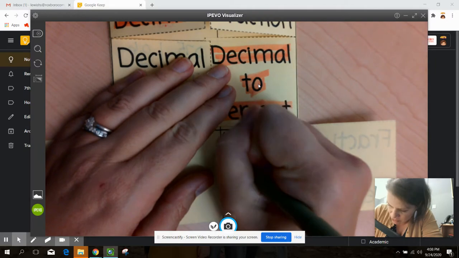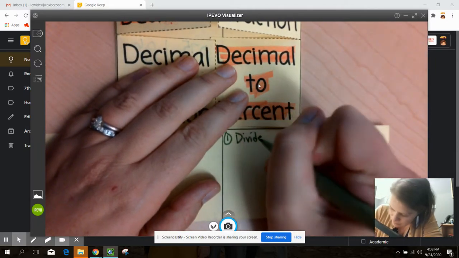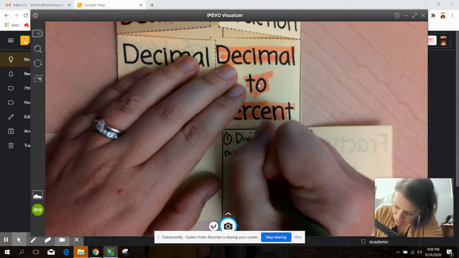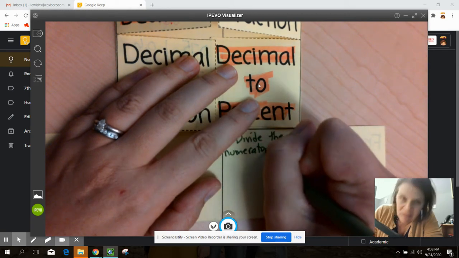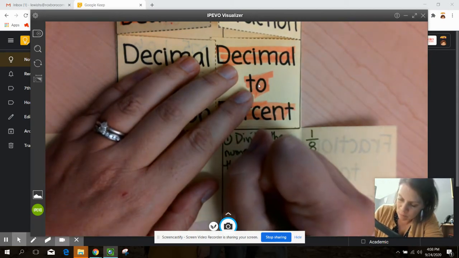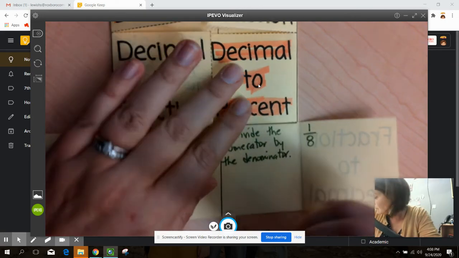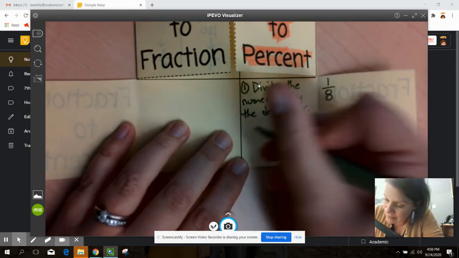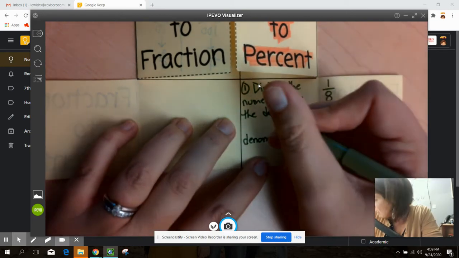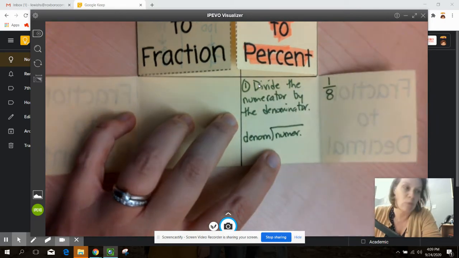Okay, so the first thing we do, and the only thing we do, is divide the numerator, the top number, by the denominator. So what it would look like is the denominator into the numerator.